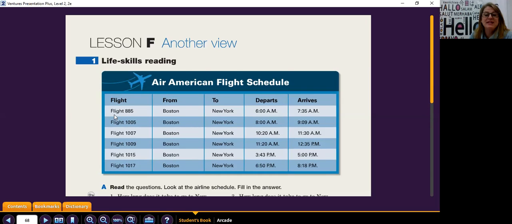Flight 885, flight 1005, flight 1007, and flight 1009 depart in the morning.